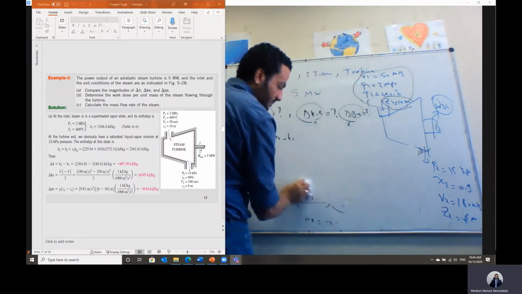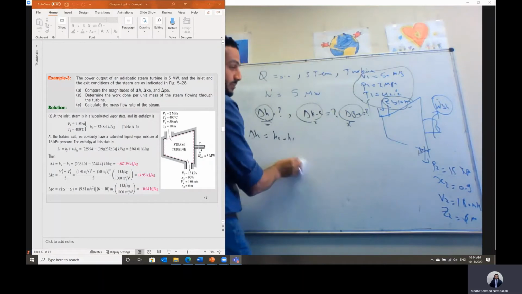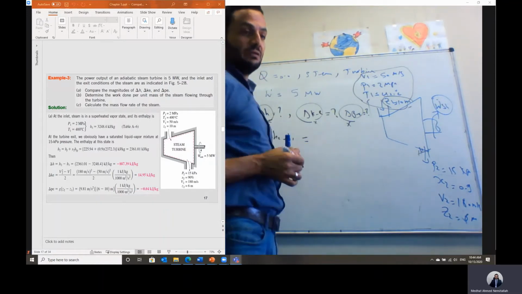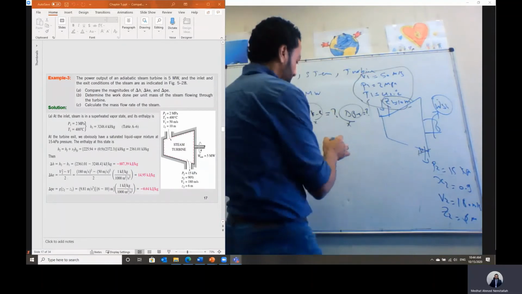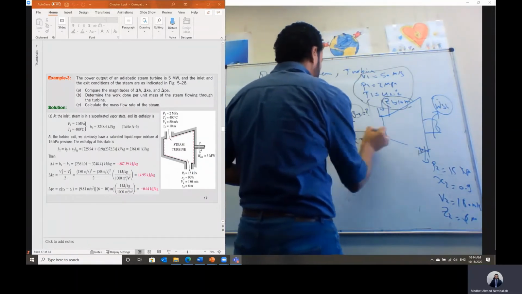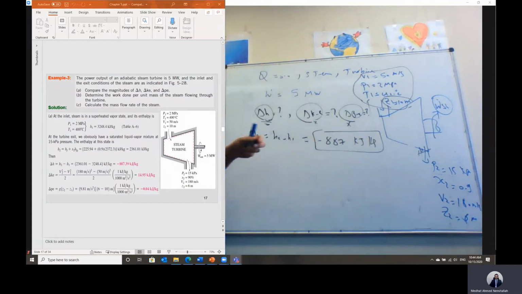Usually after expansion the pressure is reduced, and the temperature is also reduced. So we expect the enthalpy to be reduced. H2 is less than H1, so this difference should have a negative sign. It will equal minus 887 point something kilojoule per kilogram. Please be careful about the sign.